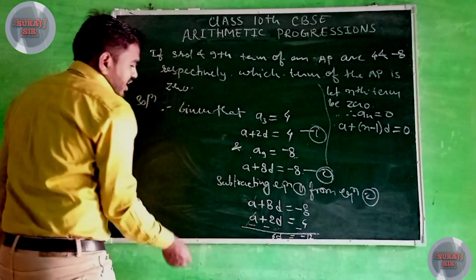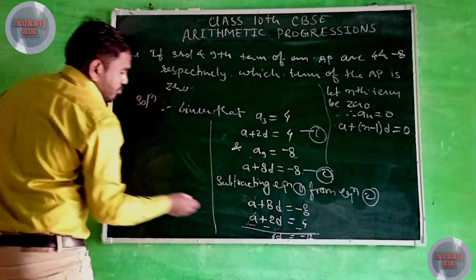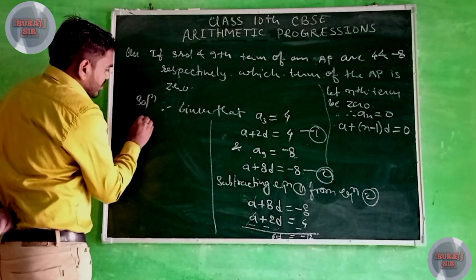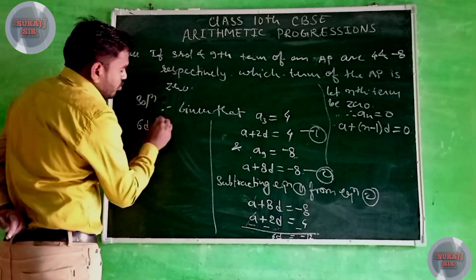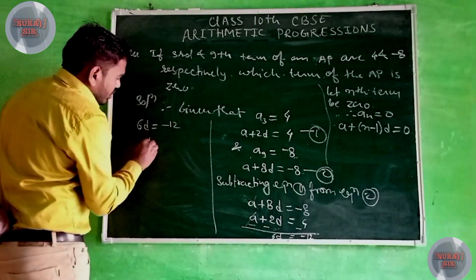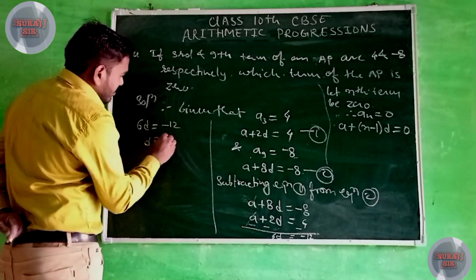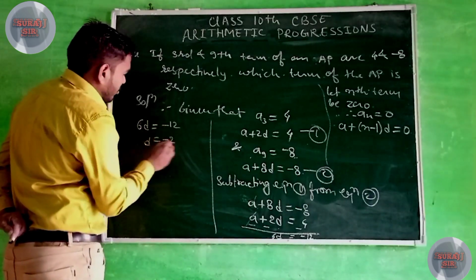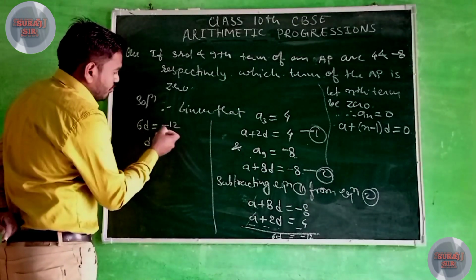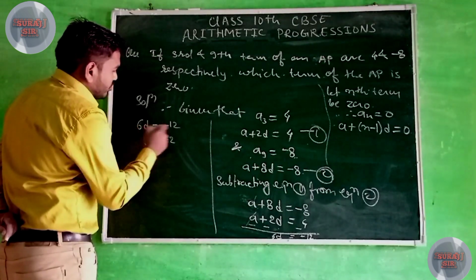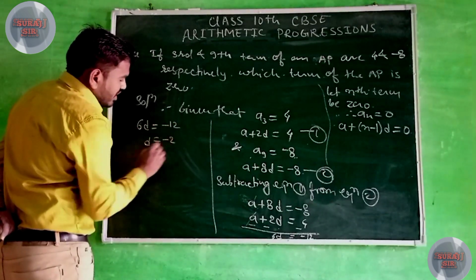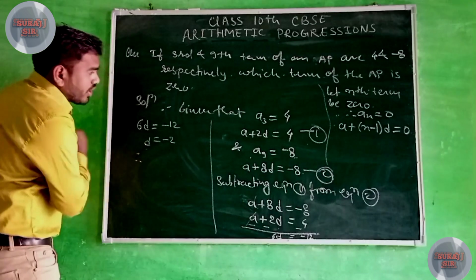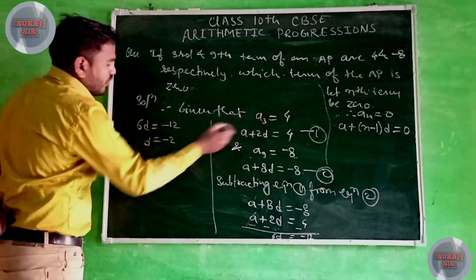So d is what? From this data 6d is equal to -12, so therefore d is equal to -2. 6 will be in division, so 6 2s are 12, so d is equal to -2. Therefore A is what? Putting the value in equation first.